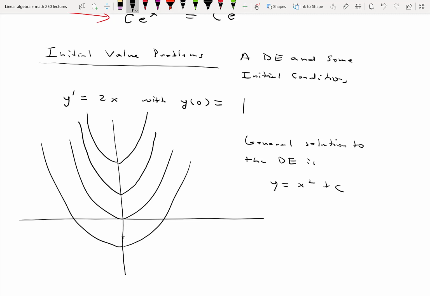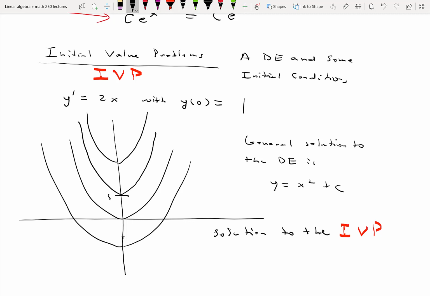But the solution to our initial value problem, and we're going to abbreviate initial value problem as IVP, is only one of these curves. It's only the one that passes through the point (0, 1).